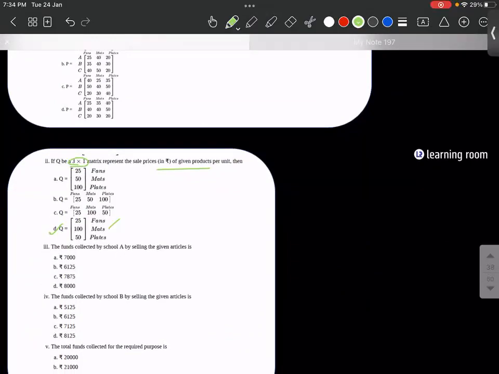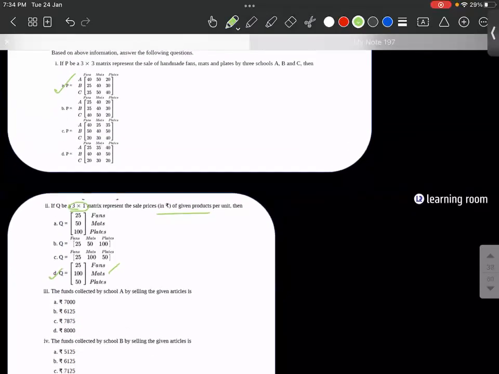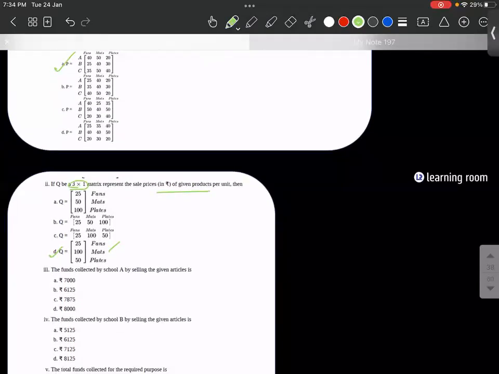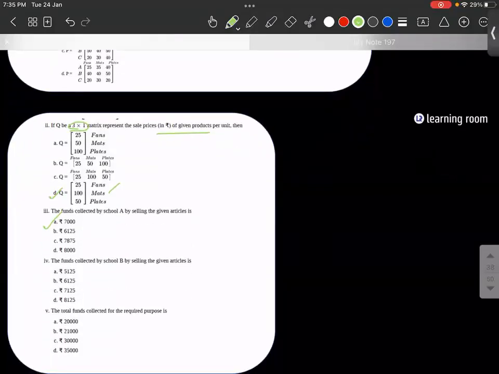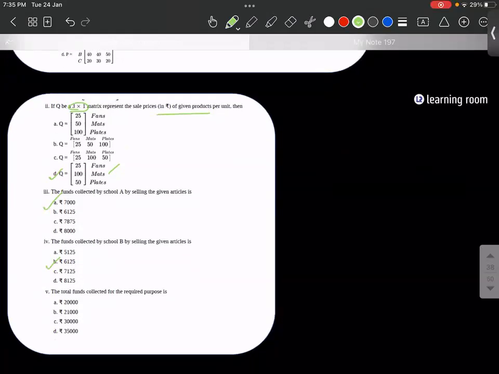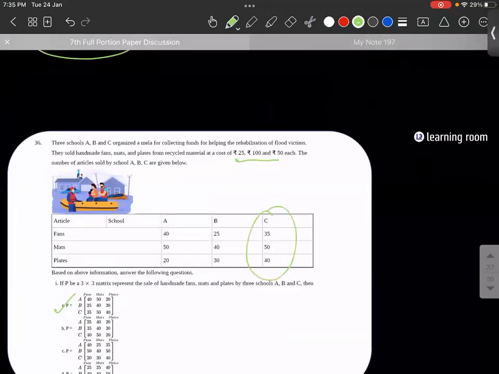The funds collected by school A by selling the given articles is... Sir, option A, sir. 7,000. Yes, sir. Okay. Option B, sir. 6,125. Correct. The total funds collected for the required purposes, you need to calculate for school C also.